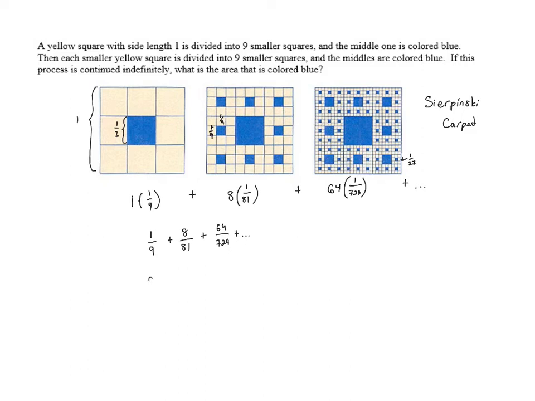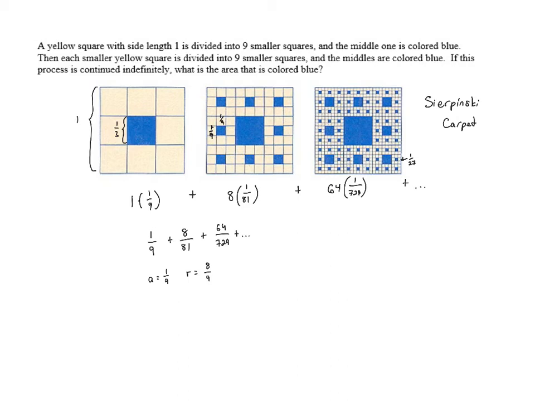Now, we know that the first term is equal to 1/9, but the common ratio here is going to be 8/9. If you look at going from one term to the next, the common ratio, the thing we multiply by, is going to be 8 in the numerator and 9 in the denominator. The reason we're multiplying by 8 in the numerator is because in each step, the large blue square that was added in the previous step gets 8 smaller blue squares around it.